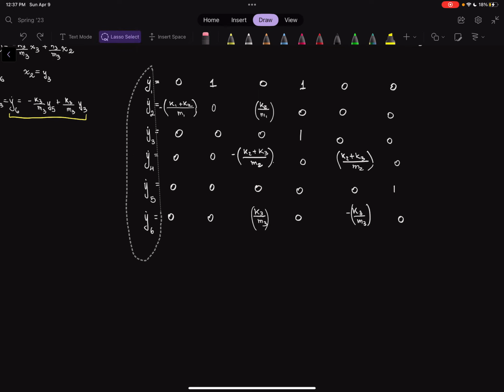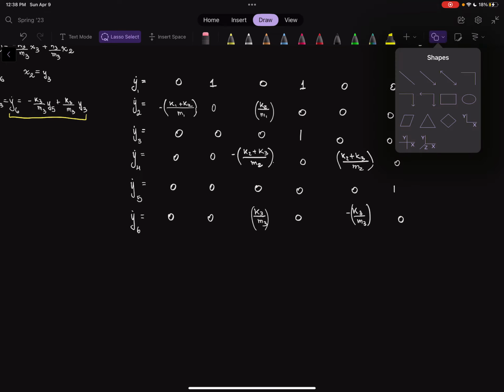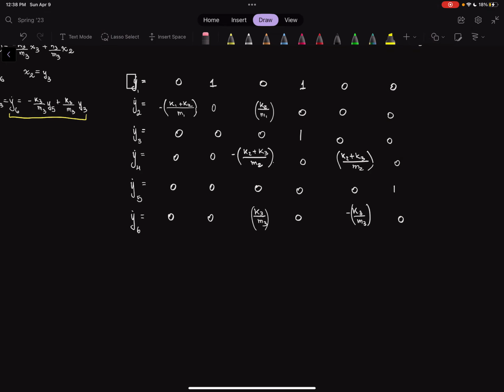Now I can write this into a matrix, but I need a little more space here. So I'm getting all of this and I'm moving it over here. Then I'm going to put this in a matrix, like that.